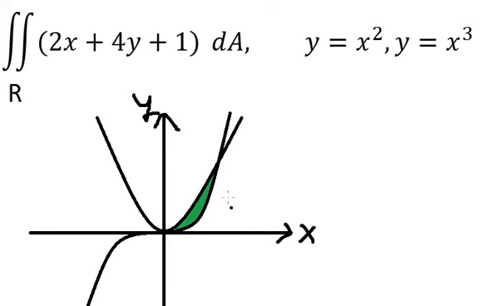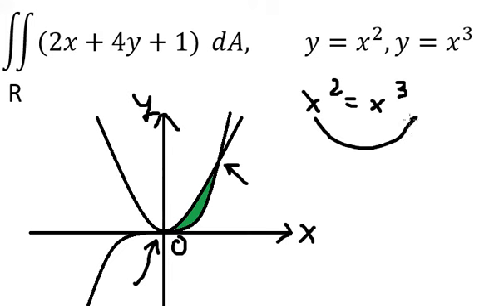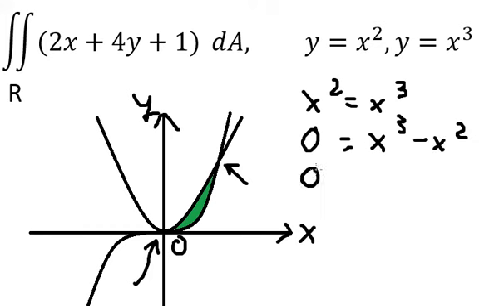Now we need to find the intersection in here and here. So we have s squared equals s to the power of 3. So I will put this one go to here. Now we can do factorization by s squared.